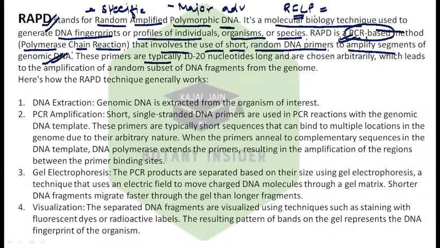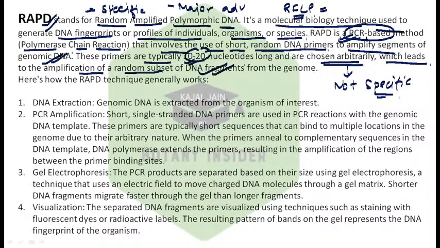And these primers are typically 10 to 20 nucleotides long, which are chosen arbitrarily. They are not specific. Okay. And this leads to amplification of a random subset of DNA fragments.